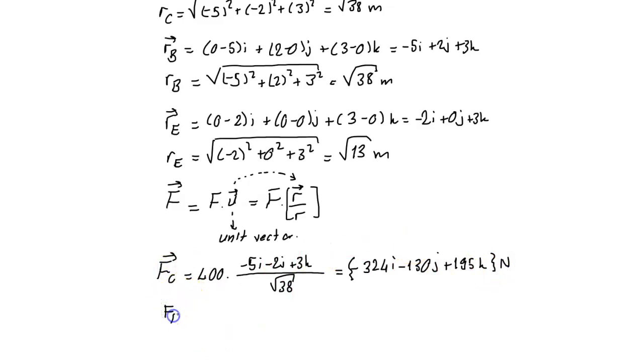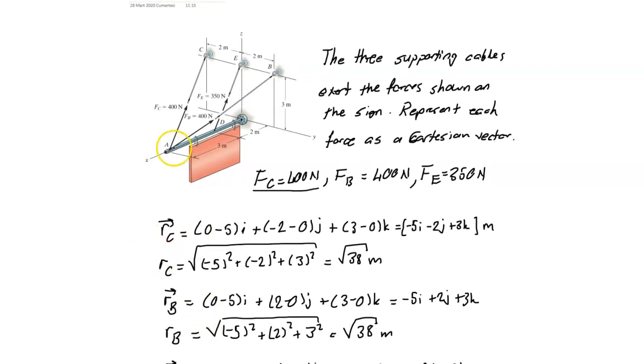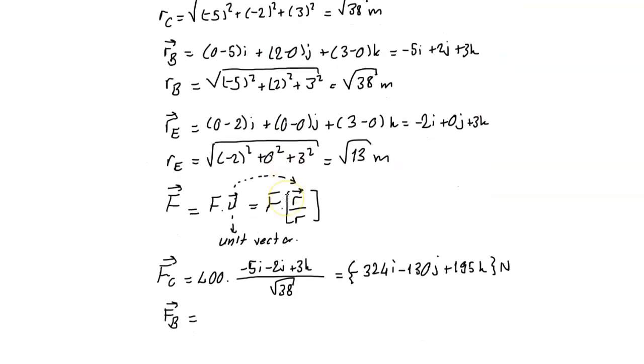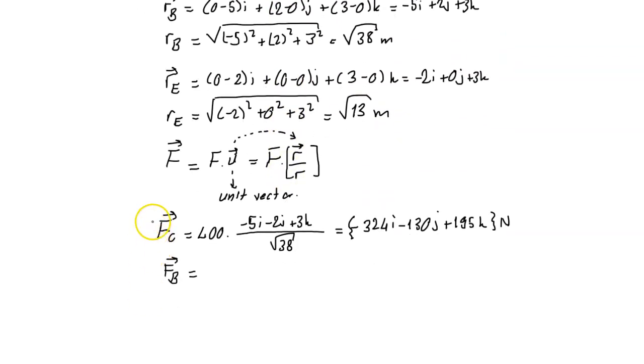For force vector FB, we're talking about the force along cable AB, and the magnitude is 400. By observation, by symmetry, we can quickly write it, but we're going to be careful about the signs here. RB is a bit different than RC due to the j coordinate.